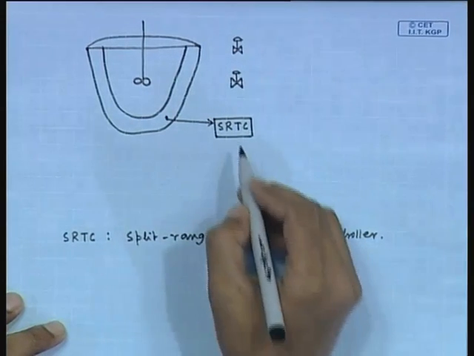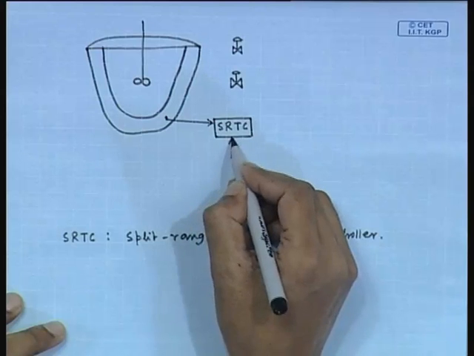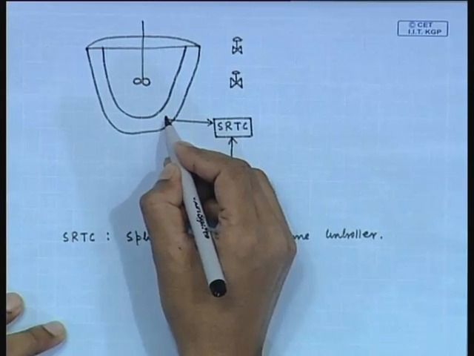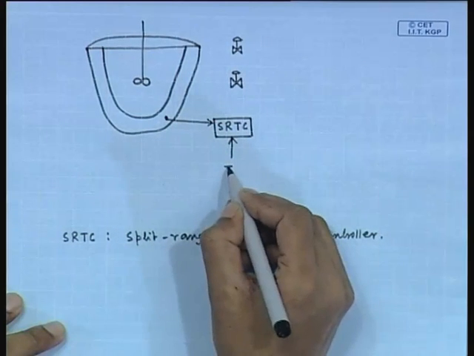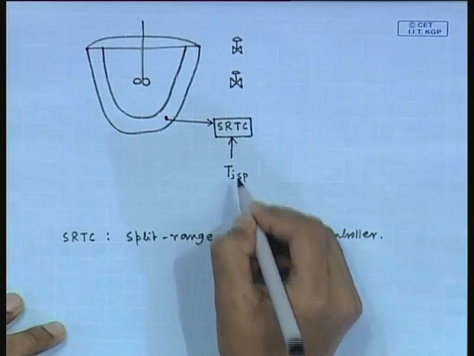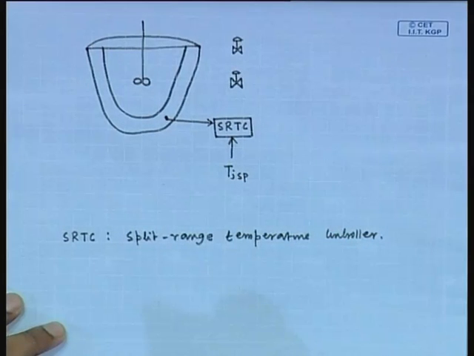Fine. This is the jacket temperature Tj. So, we need to give the set point value of jacket temperature Tj. Tj is the jacket temperature and Sp has been used to represent the set point.